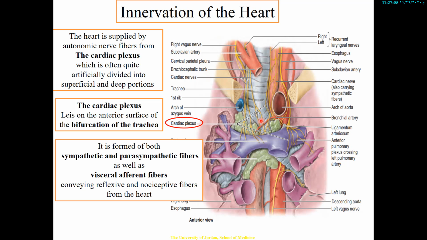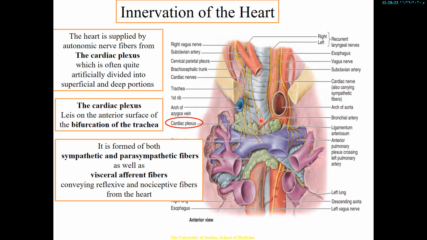And by the way, many events we've mentioned are taking place at this plane. The bifurcation of the trachea occurs at the intervertebral disc between T4 and T5, the plane that connects this intervertebral disc to the angle of Lewis anteriorly.